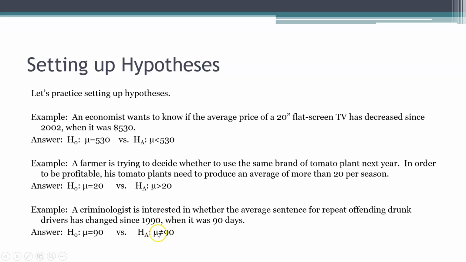So mu not equal to 90 versus mu equal to 90. Okay, and again, this last test is a two-tailed test because the alternative hypothesis is not equal to. And these other two, because the alternative hypothesis is one direction, less than or greater than, that means those are one-tailed tests.